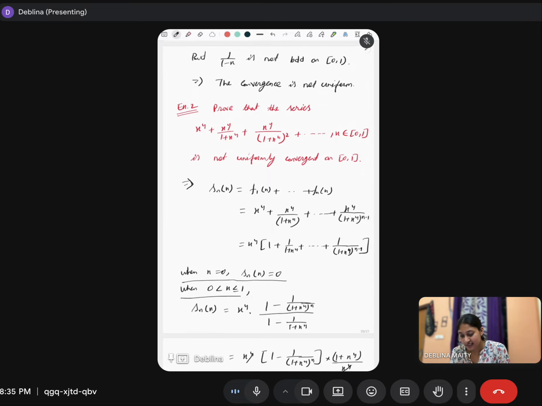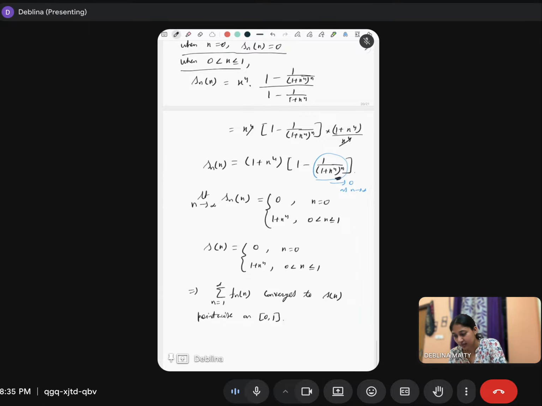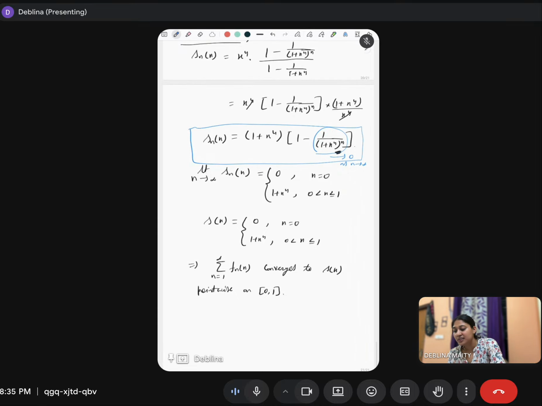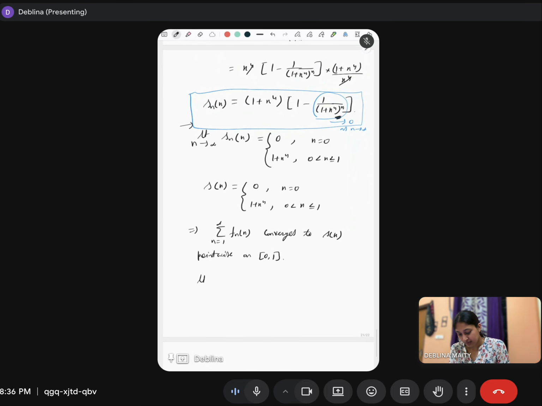Now we see that each of this S_n(x) is this one. This is our S_n(x), right? You see that each of this S_n(x) is continuous, right? This function is continuous on the open interval (0,1). Now when x goes to 0, limit x tends to 0, S_n(x) is what?